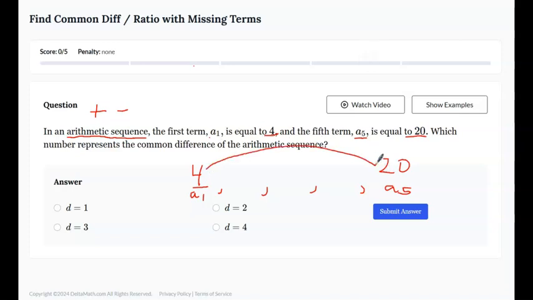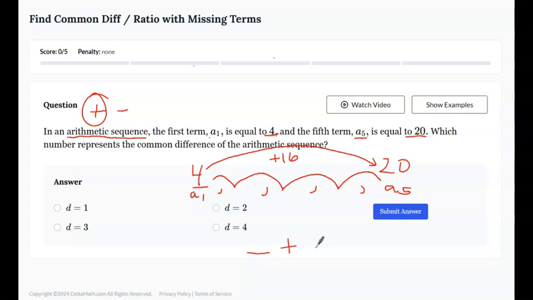So it looks like we are increasing here. So that means we're going to have an adding pattern. And if we start at 4 and we want to get to 20, that means that we have to add a total of 16. Now 16 is not the common difference. It is the total of 1, 2, 3, 4 things added up.